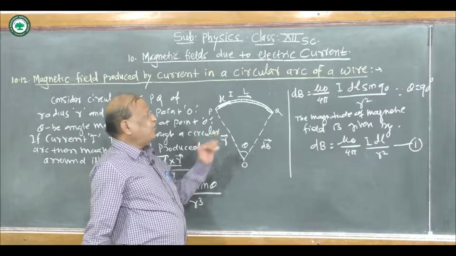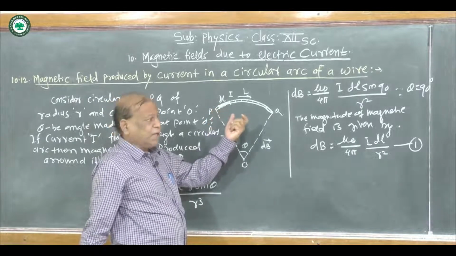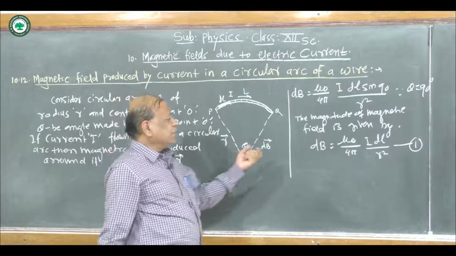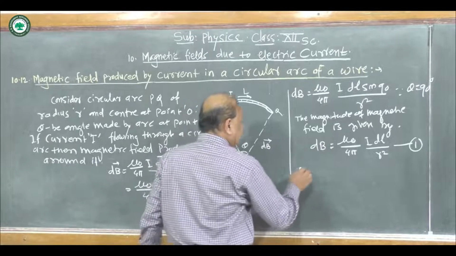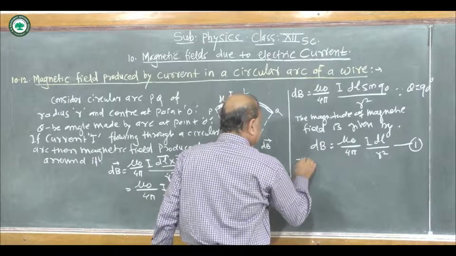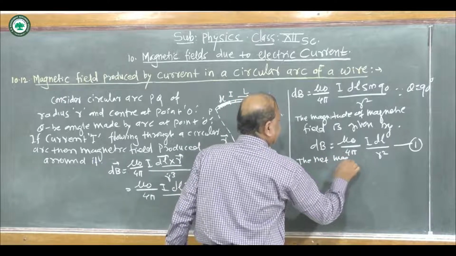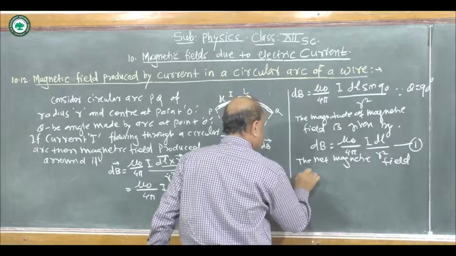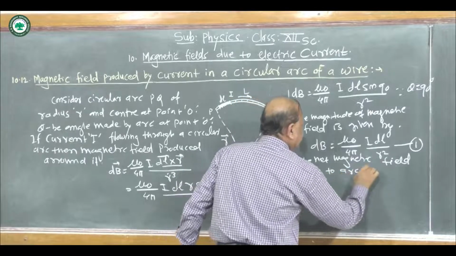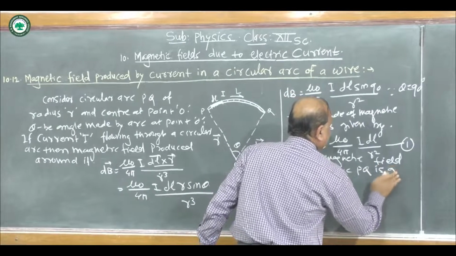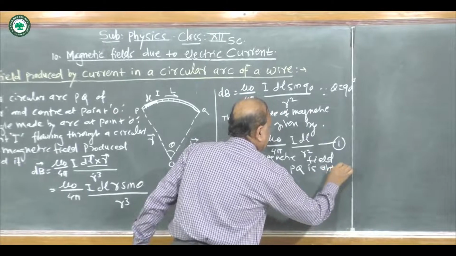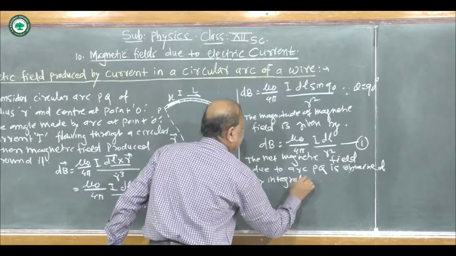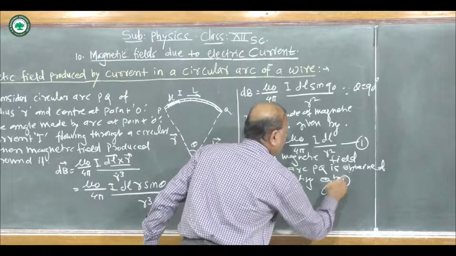This arc is made up of a large number of small elements dl, so the net magnetic field due to arc PQ is obtained by integrating equation 1.